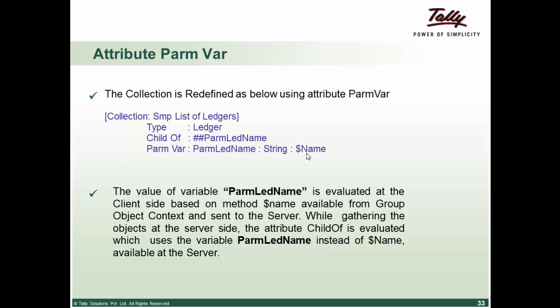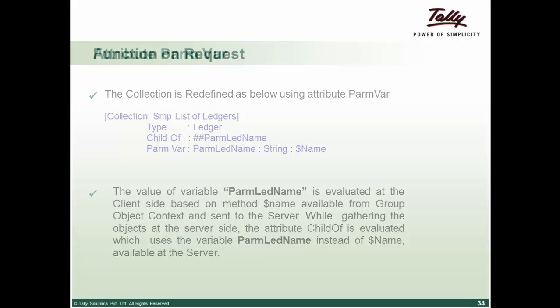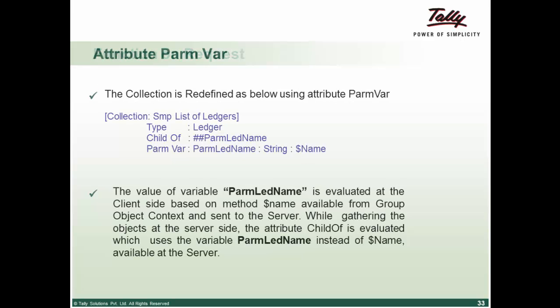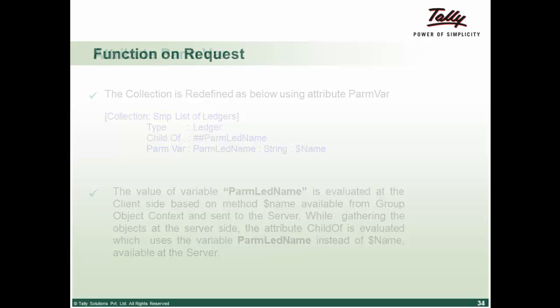Now this $name refers to my group object, so the moment this is called, the value for $name is flushed from my group that has been made available already. So the gathering, although it happens at the server side, maintains the object context of $name that it has in this variable.